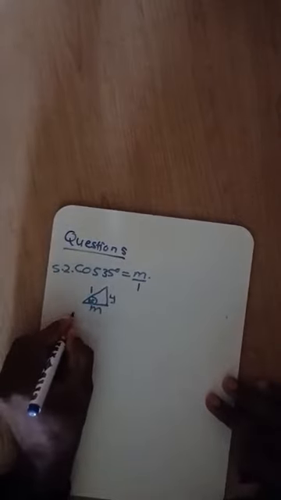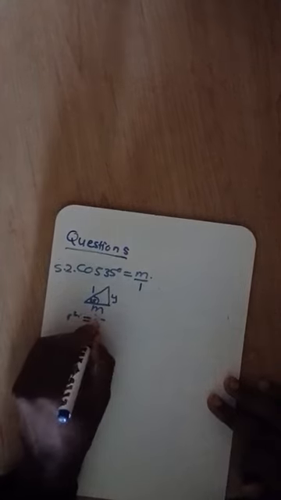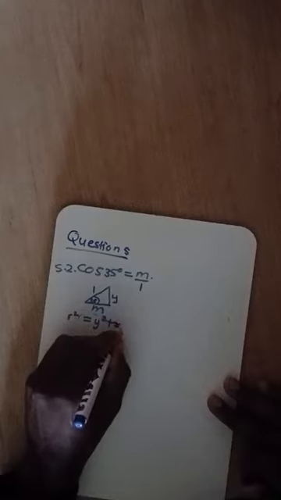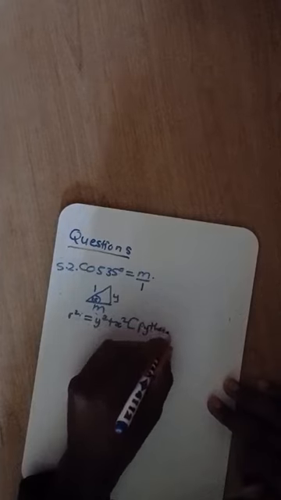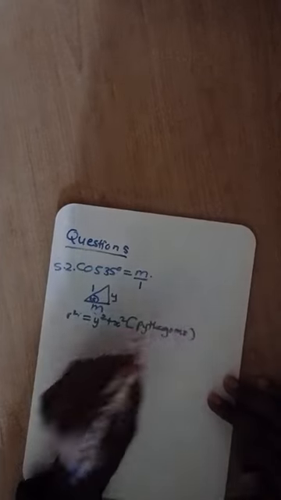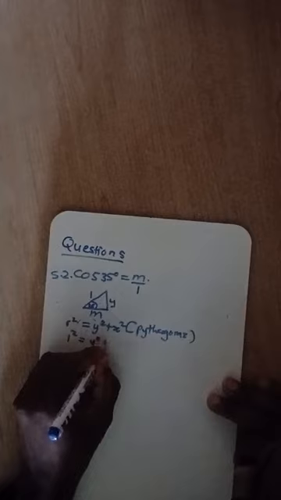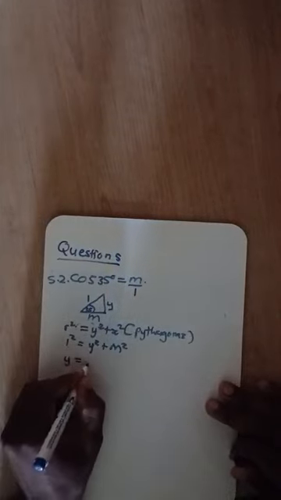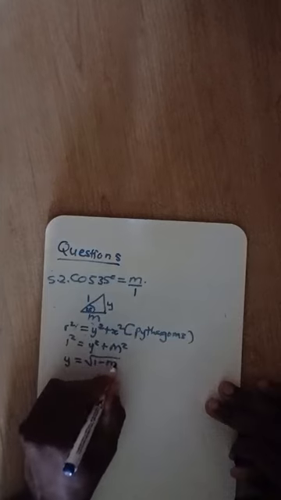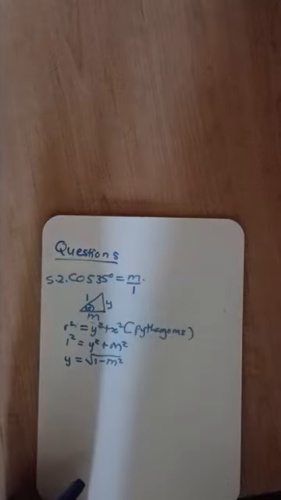So r squared is equal to y squared plus x squared. Then you say Pythagoras. Our r is 1. It's equal to y squared plus our x, which is m, squared. Then you square root both sides, and you'll have your y as root of 1 minus m squared. From here, now you go and solve the question.